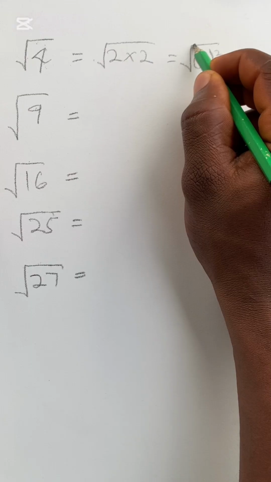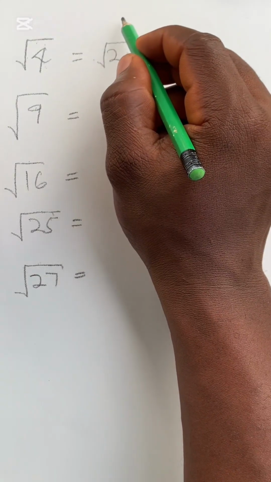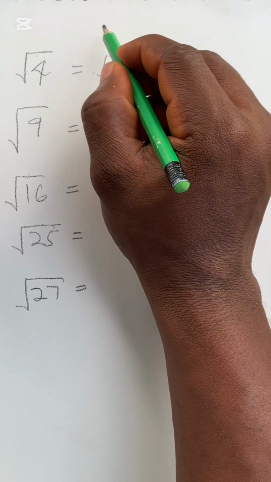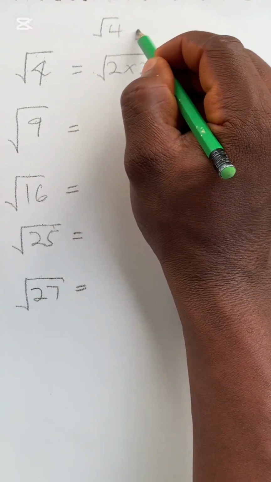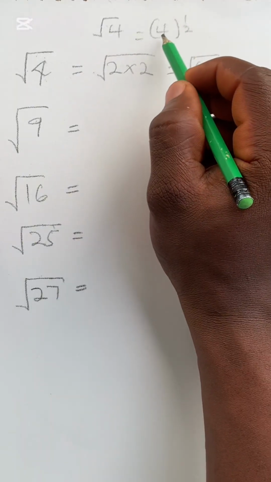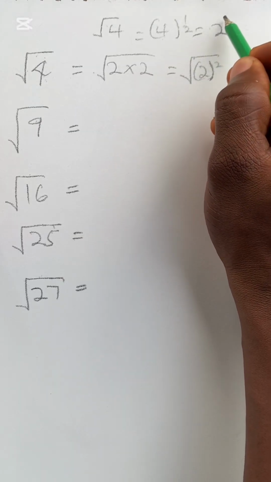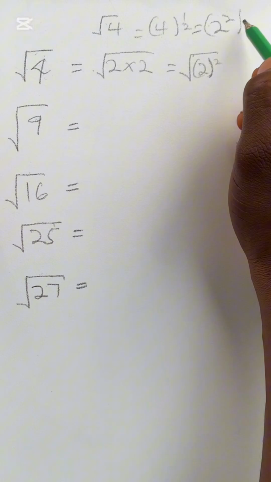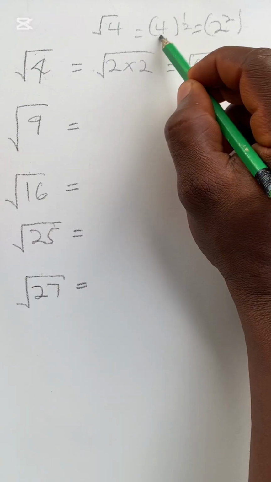Why does the square cancel the square root? Because square root is what? Root of 4 is equal to 4 power 1/2. So 4 can be written as 2 squared, which is what? 2 squared is equal to 4.